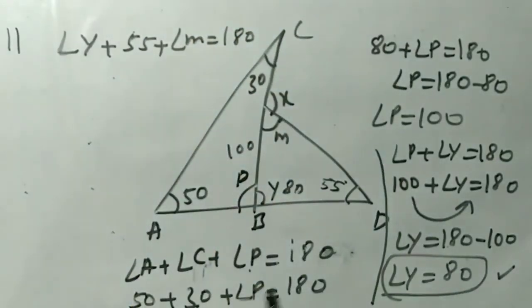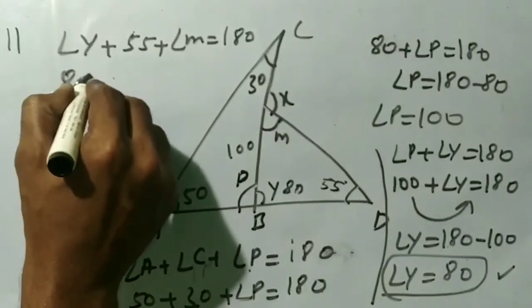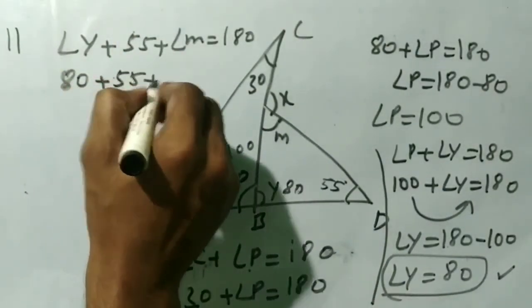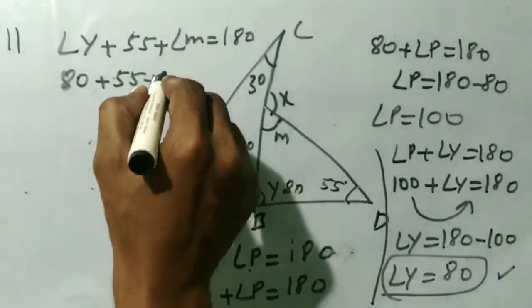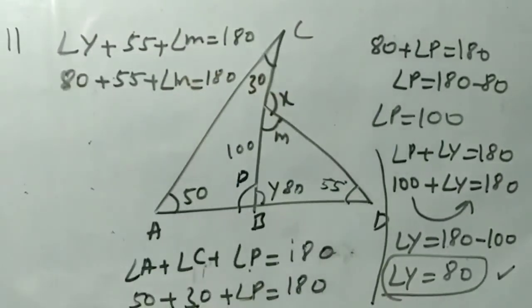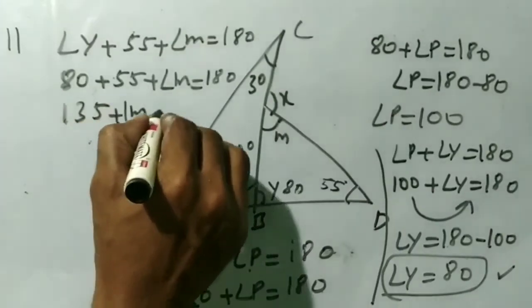Angle Y we know is 80, 80 plus 55 plus angle M, which we don't know, is equal to 180. So 55 plus 80 is 135. That is 135 plus angle M is equal to 180.